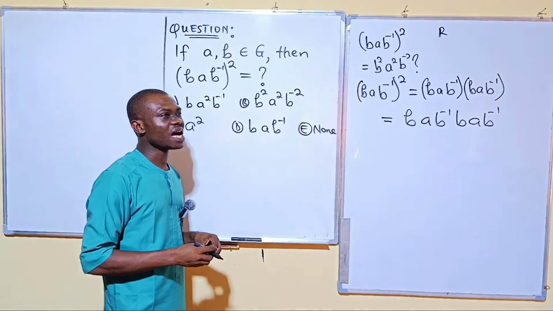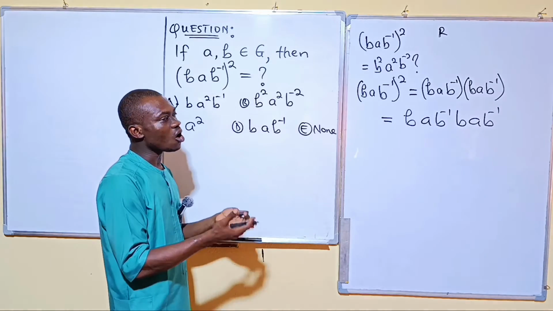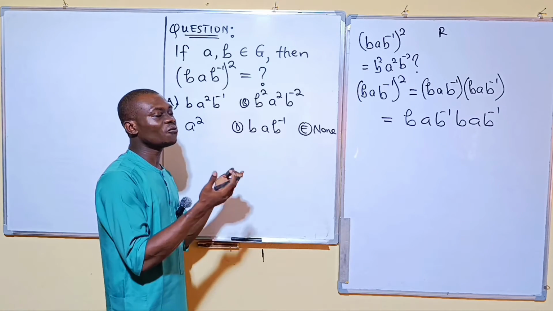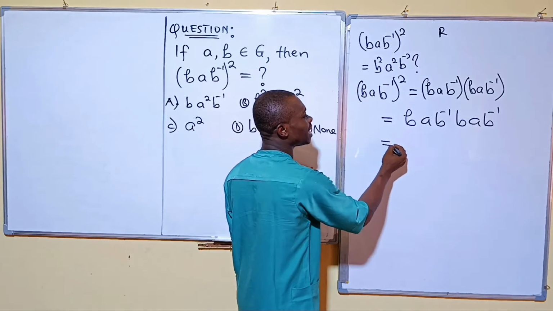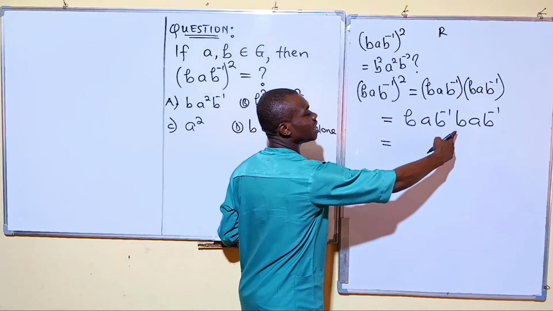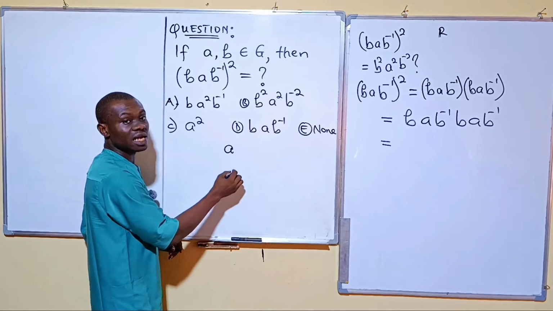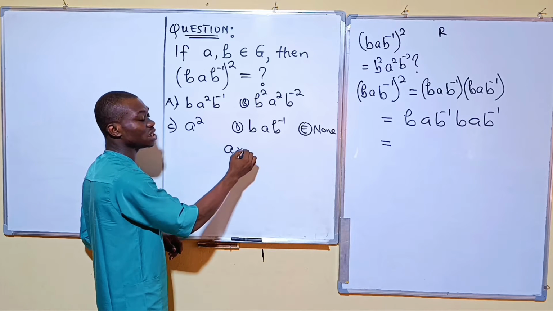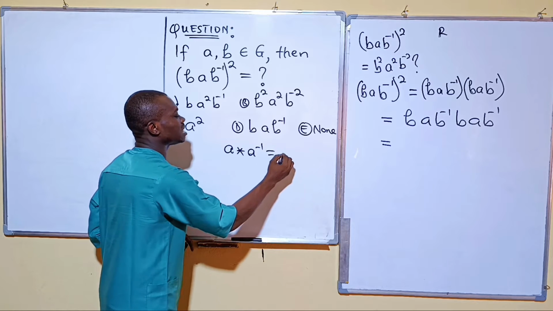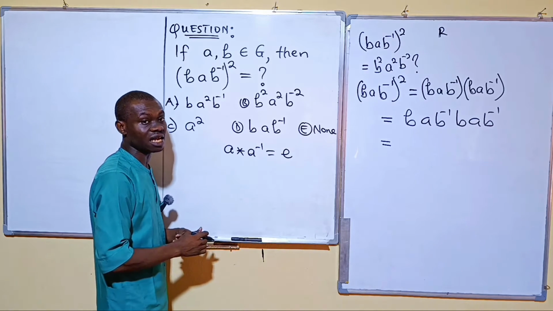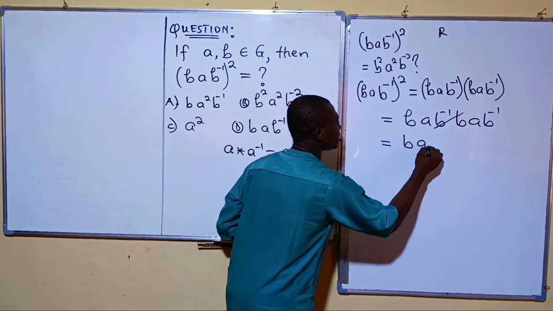After doing that, you will now follow the properties of a group to simplify. We are told that under group theory, if an element is multiplied by its inverse, it is equal to the identity element. And so the whole of this will become the identity element.